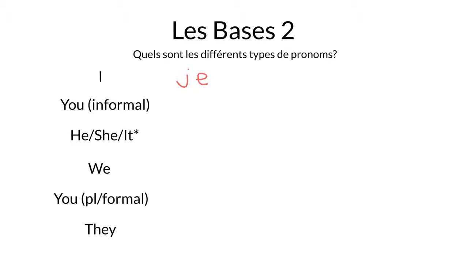The informal you is tu. He, she, or it is il, elle, and on. However, on may also be used in the same way that we might say you, as in you can do this at a certain place. It is the same way that an old-fashioned person may say one can do something.